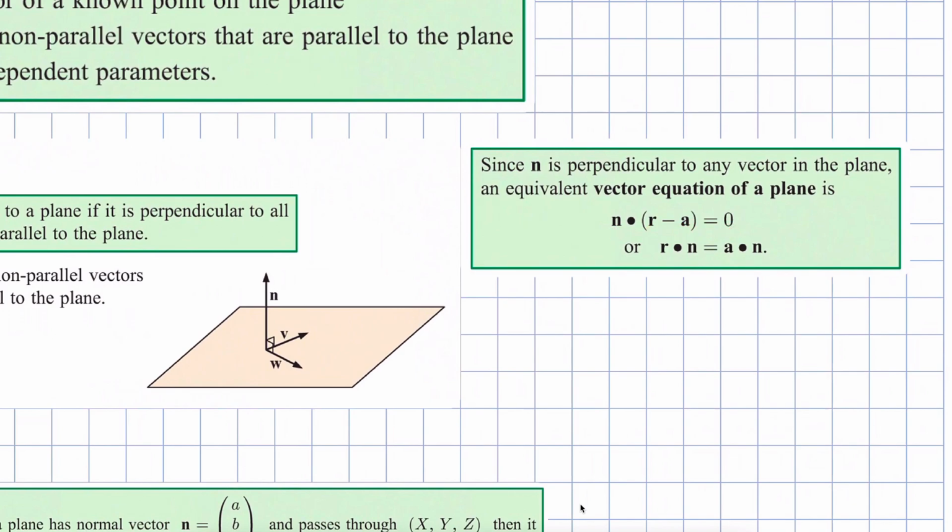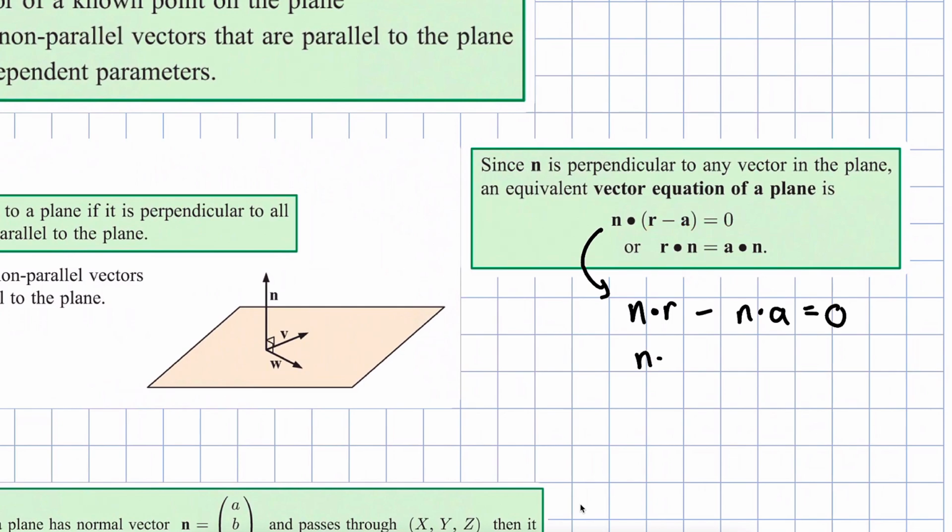And this is the part that's the most important, this line here, because we're going to use that in the next part. You'll probably never think of it like this, but if we do the vector algebra on this line, we have n dot r take n dot a equals 0.